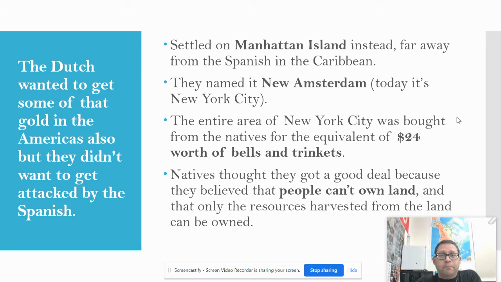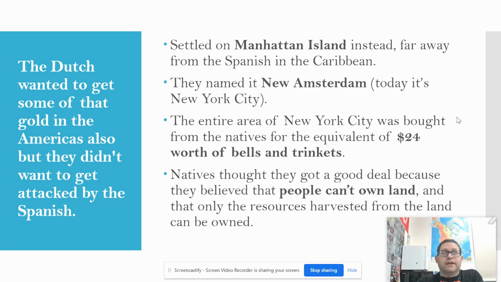And they bought the entire area from the natives using bells and spoons and little silver things that jingle. That's worth about $24 in today's market.